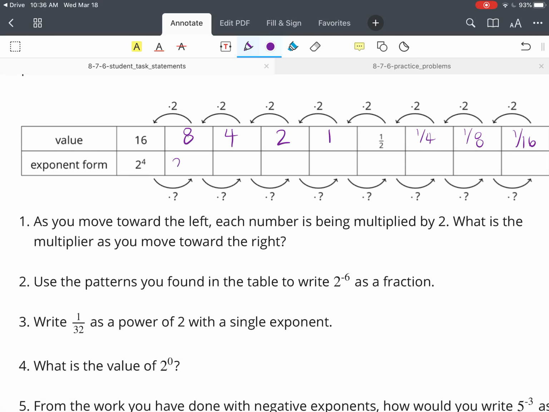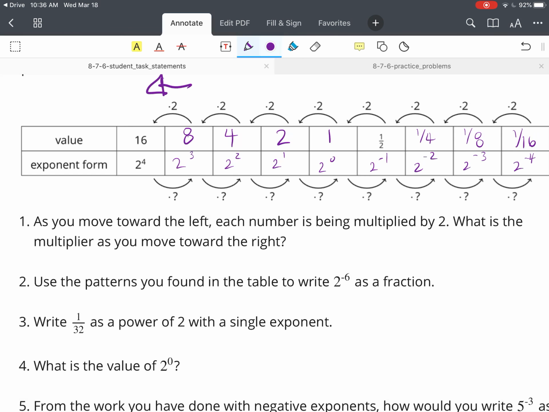And then this is 2 to the 4th, 2 to the 3rd, 2 squared, 2 to the 1st, 2 to the 0, 2 to the negative 1, 2 to the negative 2, 2 to the negative 3, 2 to the negative 4.